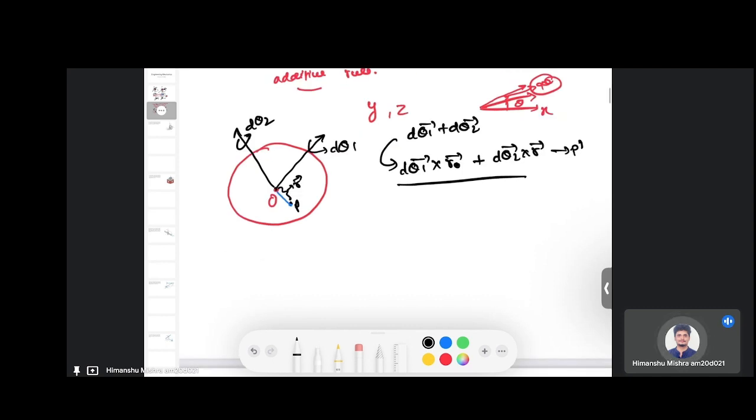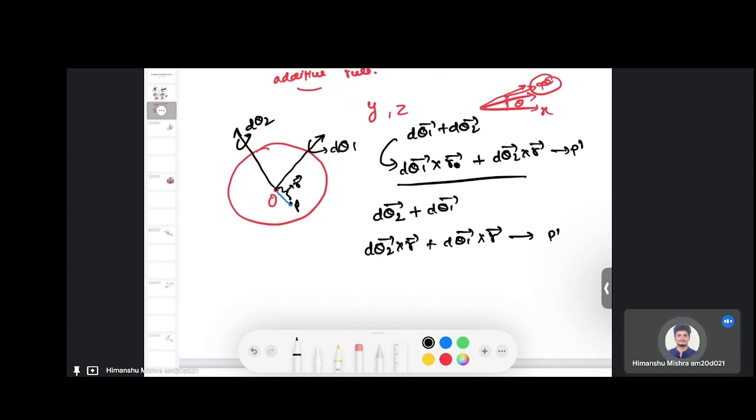Now you do the opposite thing. You consider case 2, where you first rotate this body along d theta 2 and then d theta 1. Then how will the location of point P change? It will be d theta 2 cross r plus d theta 1 cross r, and it will move to the new point P dash.